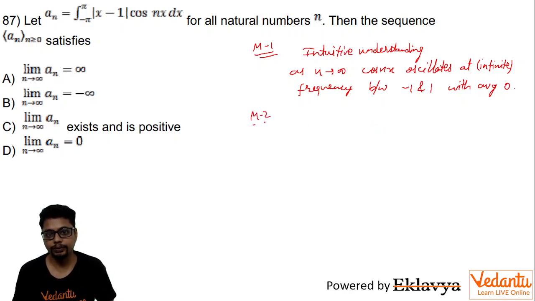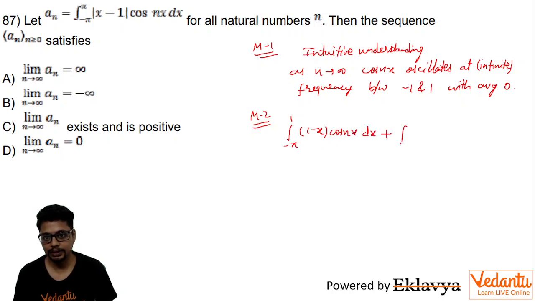Alternately, you may actually do the integration and then apply the limit. So here it will be the integral from minus pi to 1 of (1 minus x) cos nx dx plus the integral from 1 to pi of (x minus 1) cos nx dx.